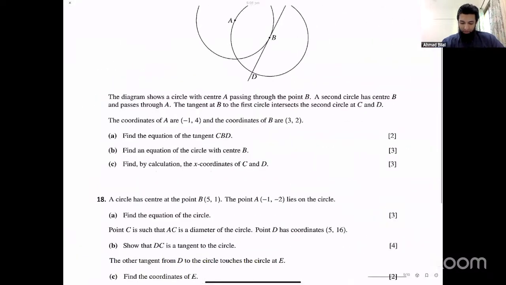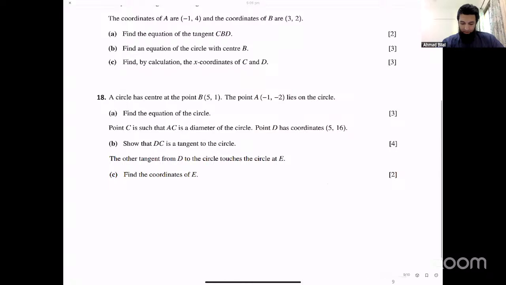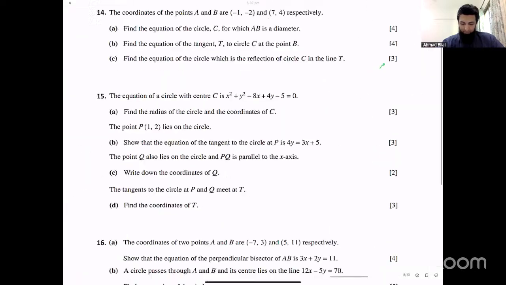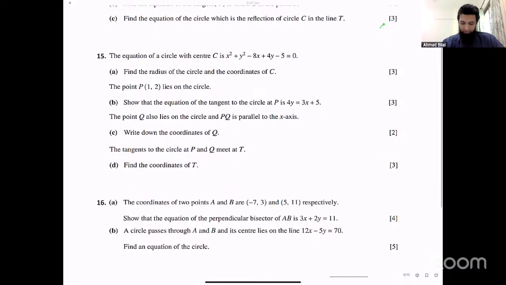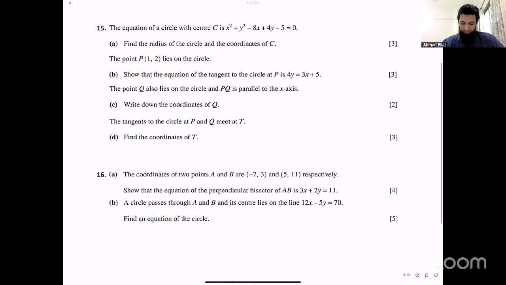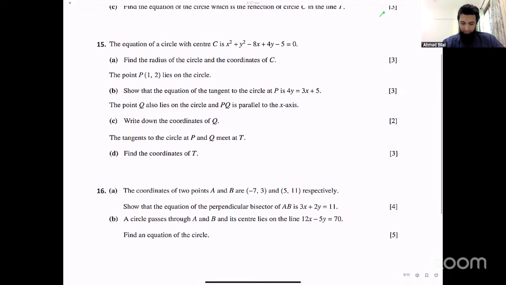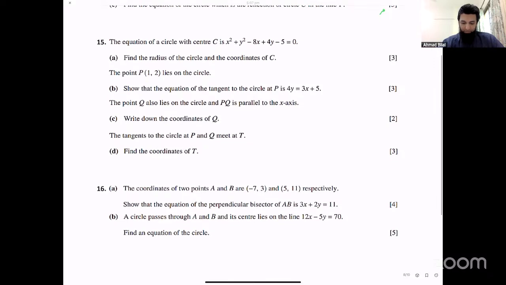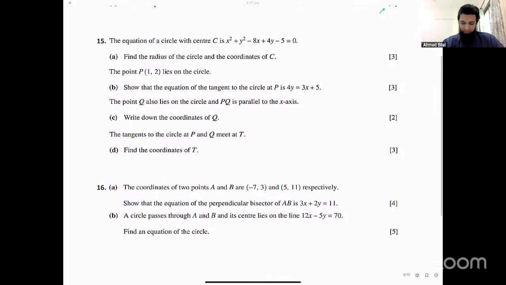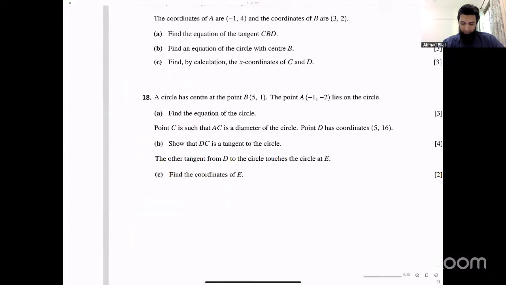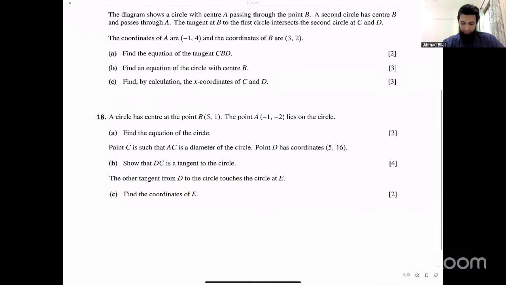Okay, let me have a look at this. Okay, let's try this one.